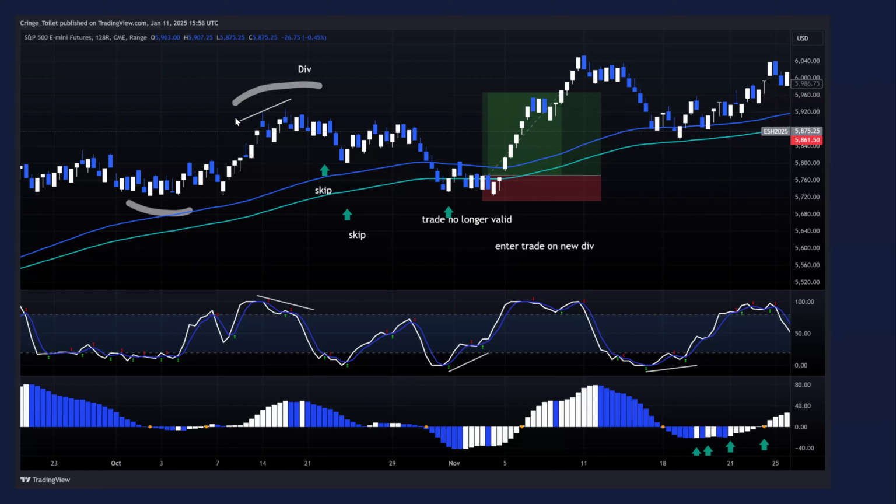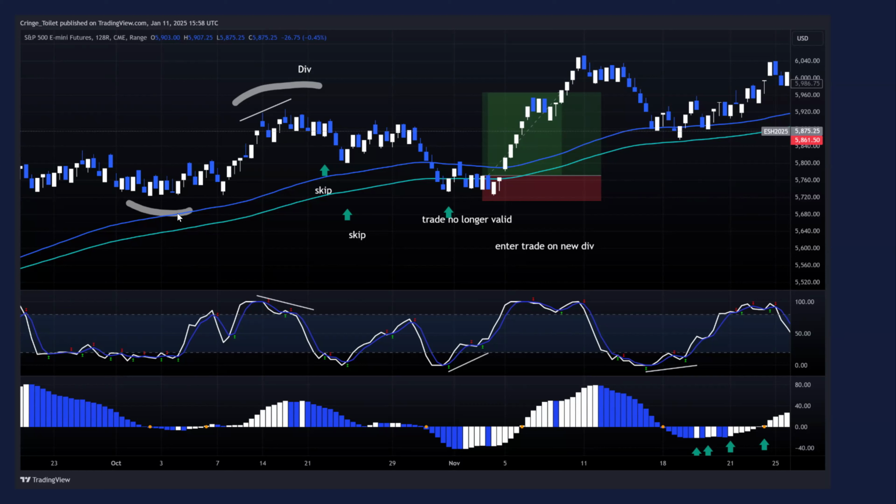So in this example, we have a short divergence. Price makes a high and then a higher high, and then on the stock we get a high and then a lower high. So you could take this trade, or if you weren't in this trade and you were looking for a long option afterwards, we can see that price generally has been trending up.